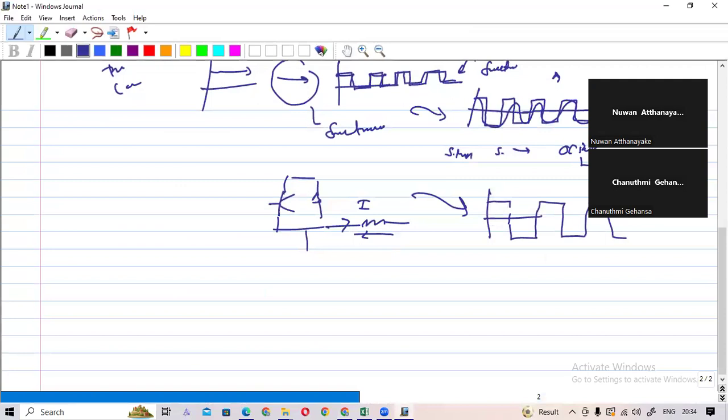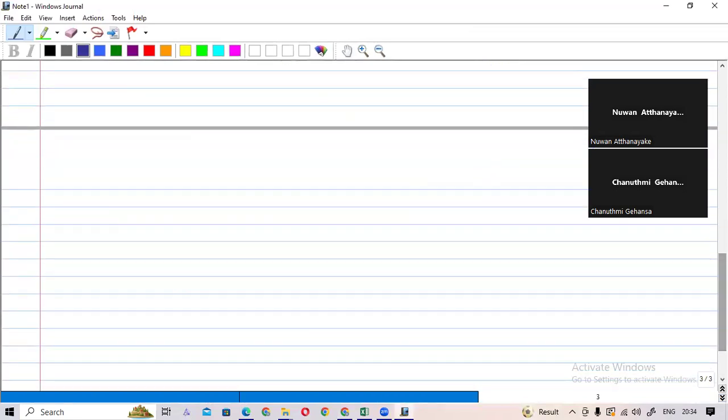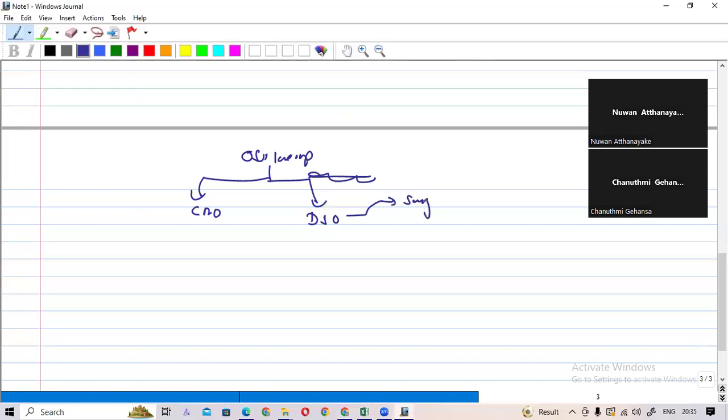I told you that there are basically two types of oscilloscope: the cathode ray oscilloscope and the digital storage oscilloscope. There are many types related to the digital storage oscilloscope: sampling oscilloscope, multi-signal oscilloscope, MSO, also called wideband oscilloscope.